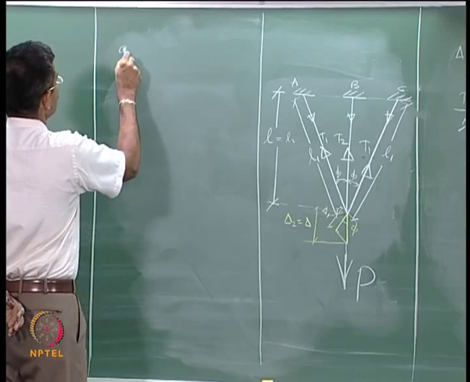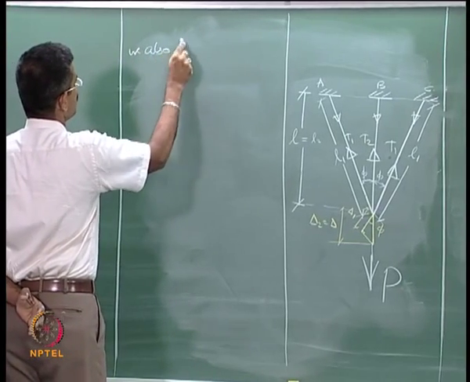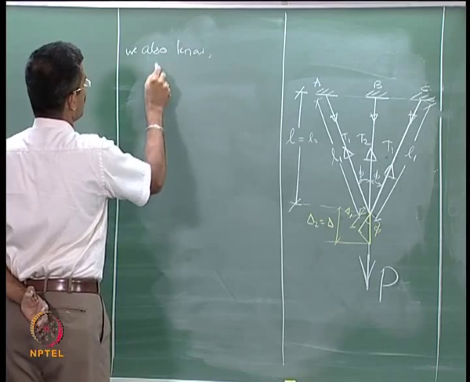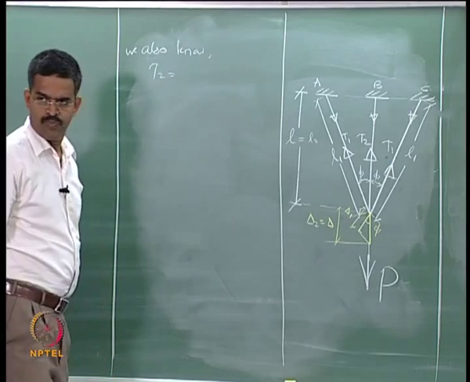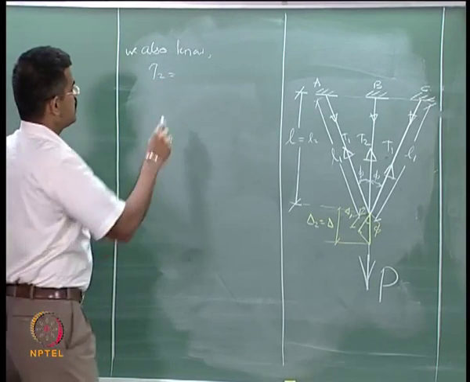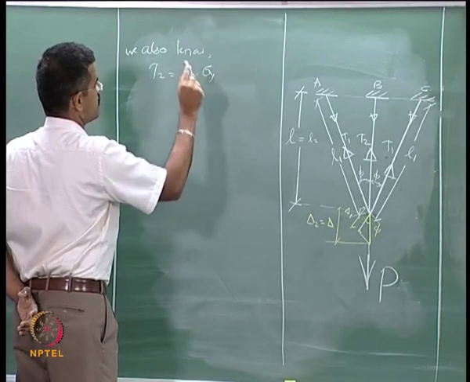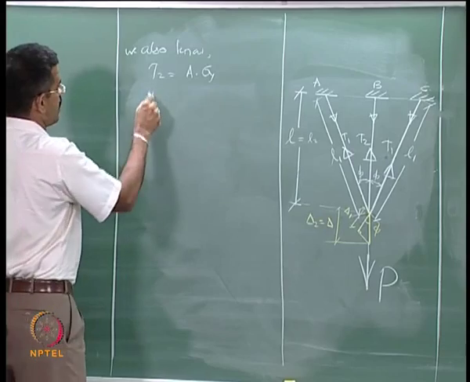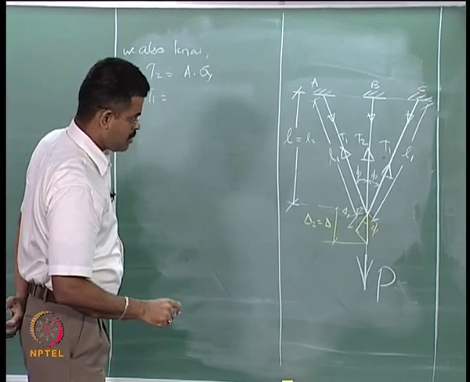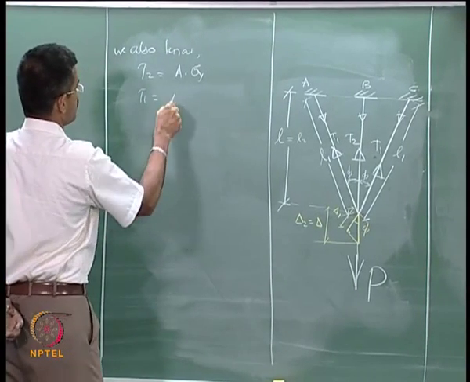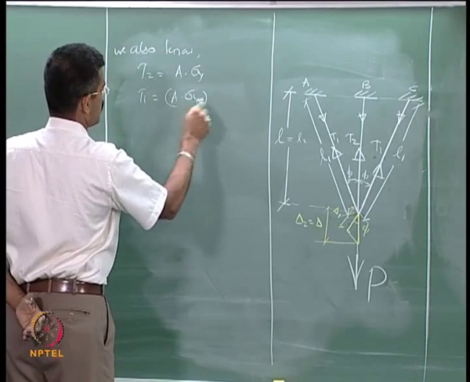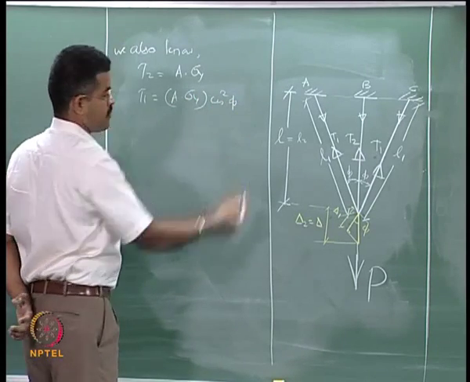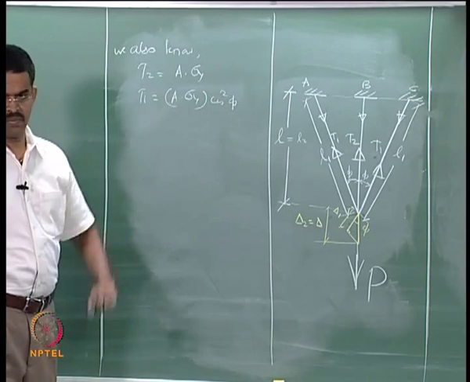We also know T2 is A times sigma y. In that case, T1 will be A times sigma y times cos square phi from this equation.